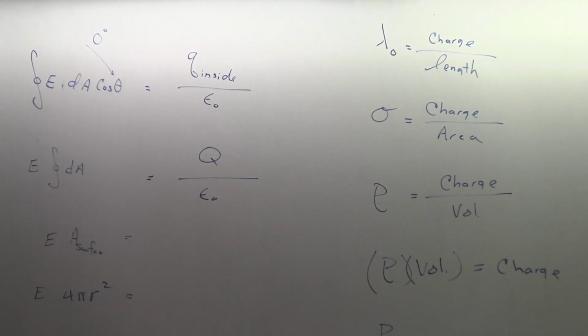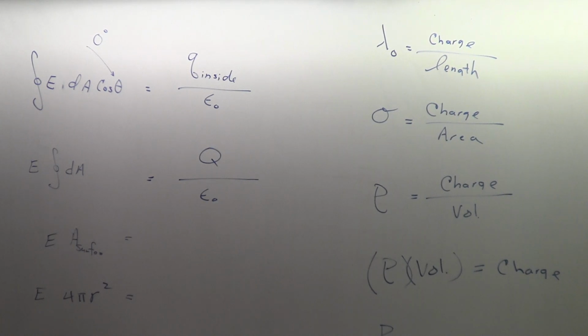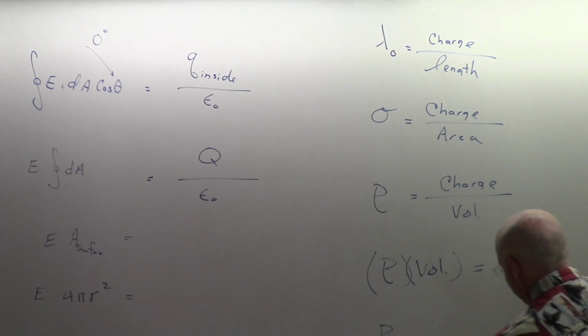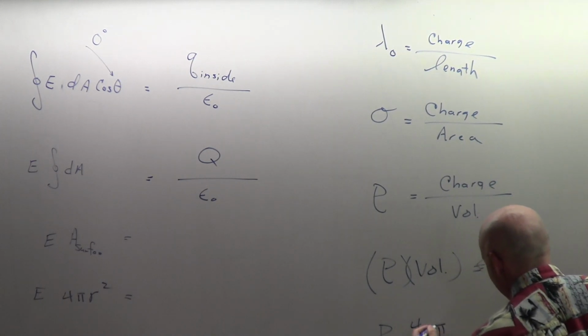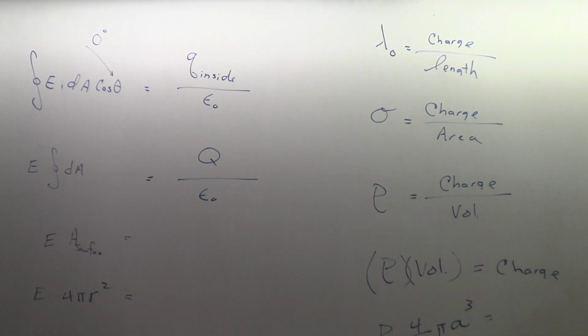So it's not surface area. It's not 4 pi r squared, right? It's volume. 4/3 pi a cubed or r cubed? A cubed here. 4/3 pi a cubed would be the charge inside.